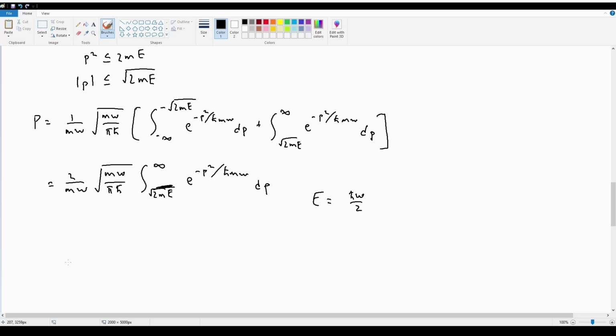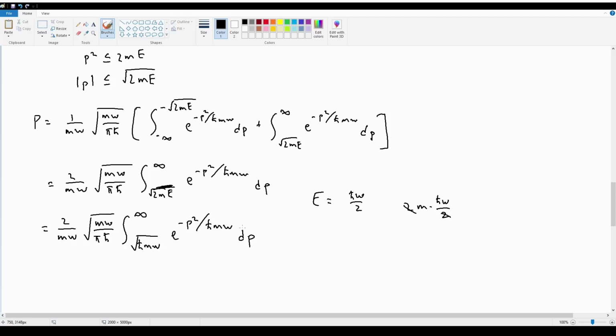If we plug that in, this is going to give us 2 over m omega square root m omega over pi h bar, integral, infinity at the top, at the bottom square root, let's see, 2m times h bar omega over 2, the 2's cancel, this is h bar m omega, of e to the power of negative p squared over h bar m omega dp.